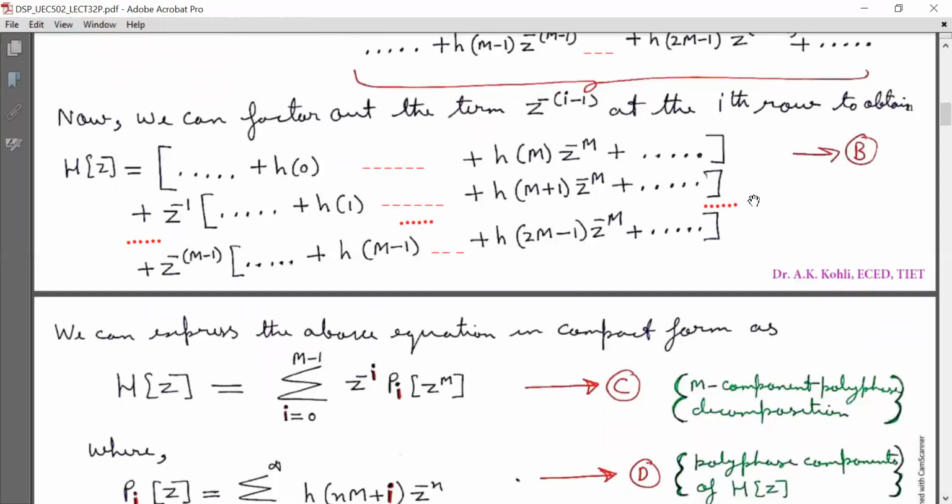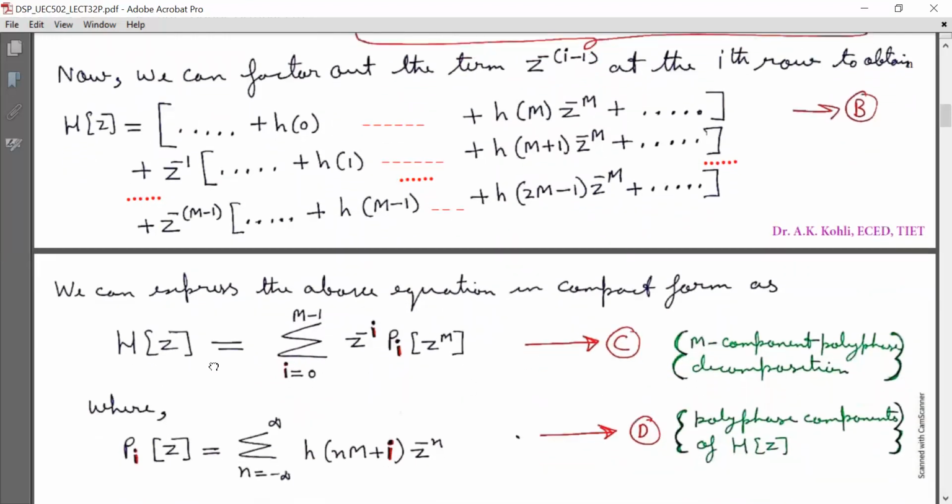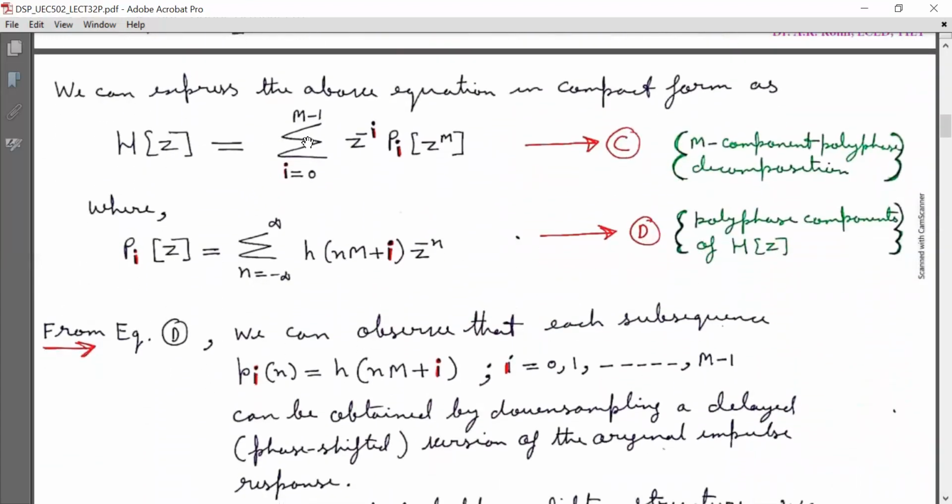And then I have expressed equation B in a compact form as equation C, that is based on M component polyphase decomposition, that is H(z) is equal to the summation i running from 0 to M minus 1, z^(-i) P_i(z^M), where P_i(z) is the summation n running from minus infinity to infinity, h(nM+i) z^(-n), mark it as equation D. And this is the polyphase component of H(z). So P_i(z) is the polyphase component of H(z).